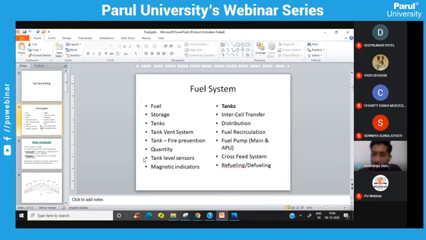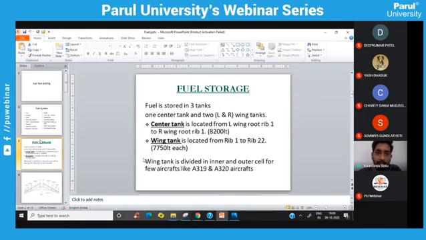Guys, just a question. For example, I have more fuel inside the left wing, and okay, let's talk about storage first. This is fuel storage. I took a normal, basic version where fuel tanks are stored. In this basic version, you will have three tanks.